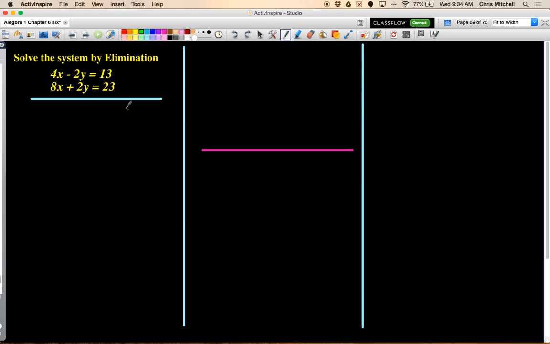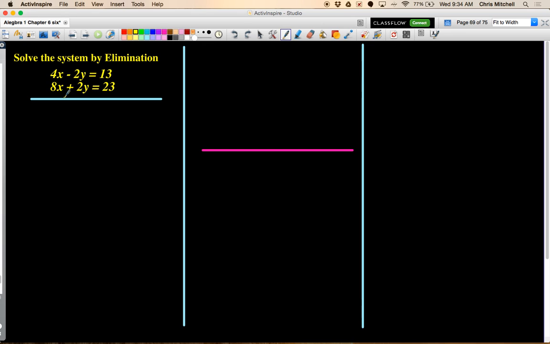Okay. So, when you solve a system by elimination, what we're looking for is something called a zero pair. And what that means is two integers like -2 and +2 will create a zero pair. So let me show you what I mean.